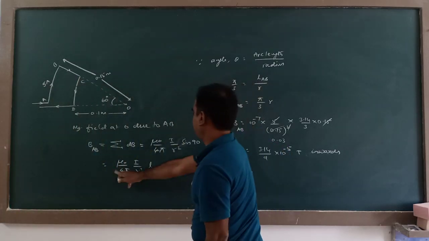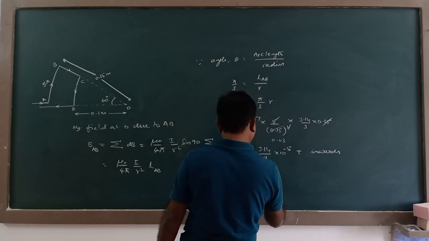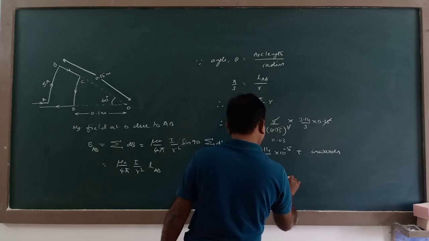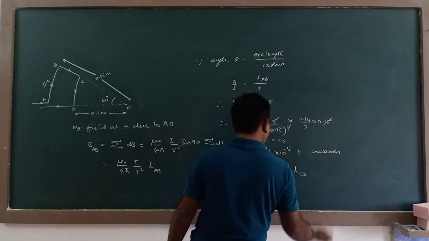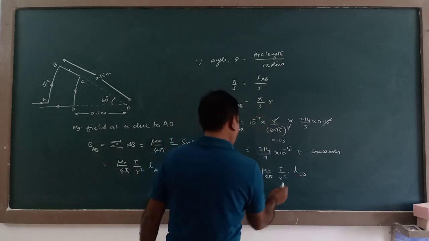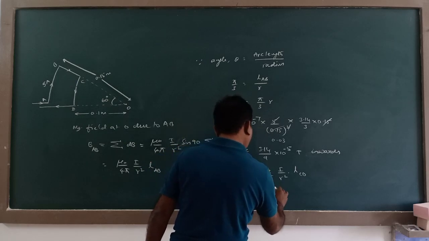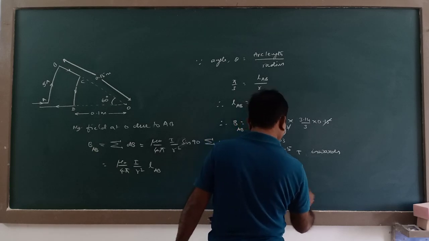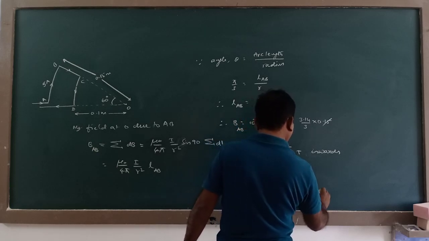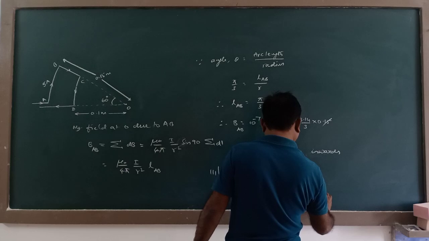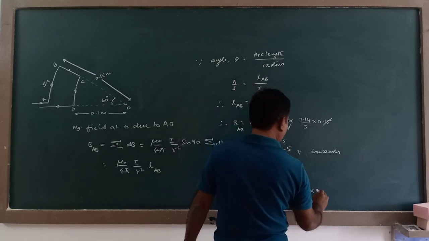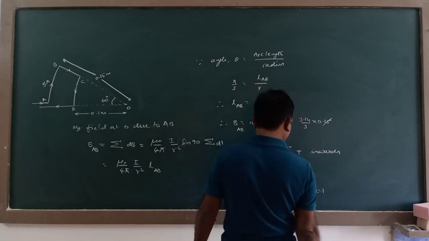Same formula. This is mu naught by 4 pi, I by R square, length CD. On substituting these values, pi by 3 into L_CD. This L_CD is pi by 3 into R. So R is nothing but 0.1.